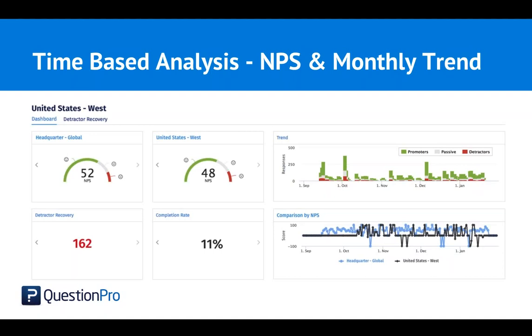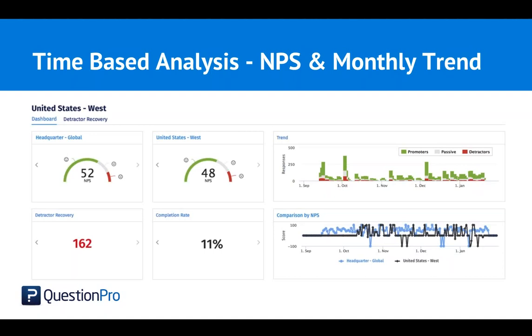So if we're looking at the headquarter information in light blue and the west in the dark, I don't know if that's blue, maybe it's blue, I think it's black. But you can see that there's a significant change between the two, and it just compares how the NPS is trending over time. Perhaps the West was going through a growing or changing period and people weren't happy, versus headquarters.